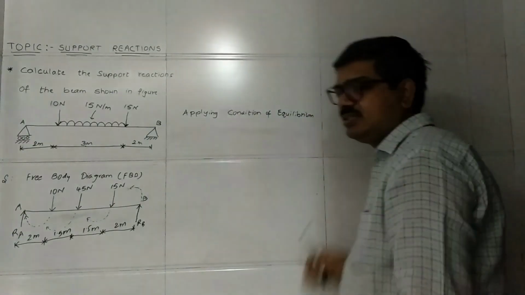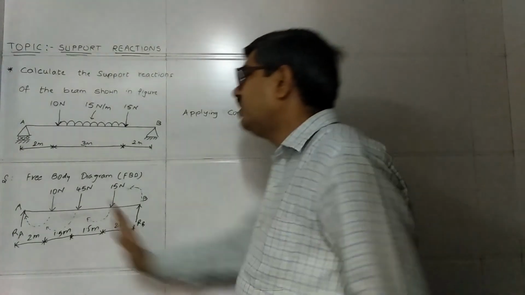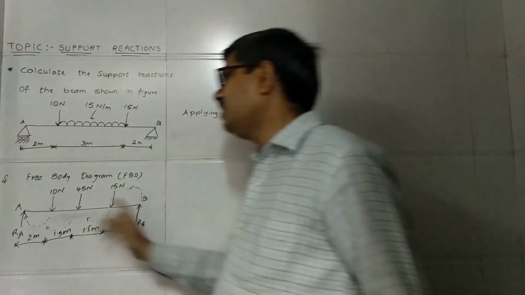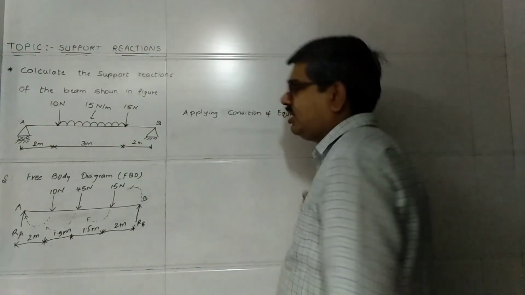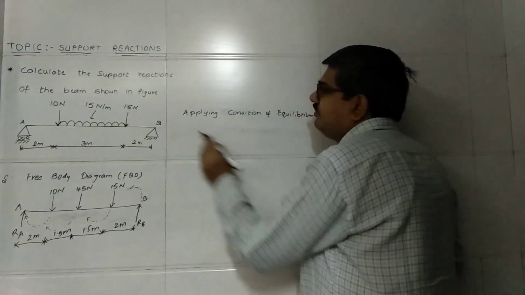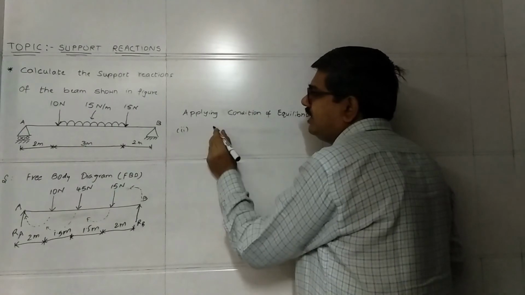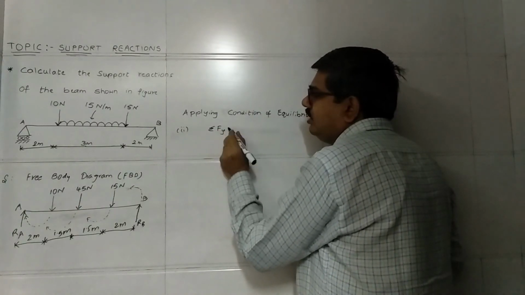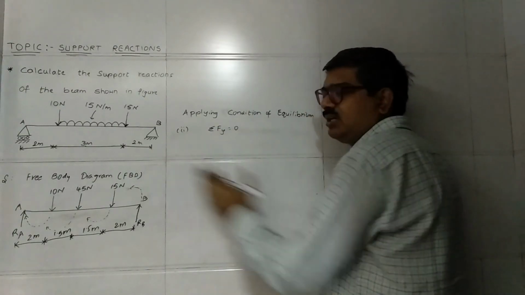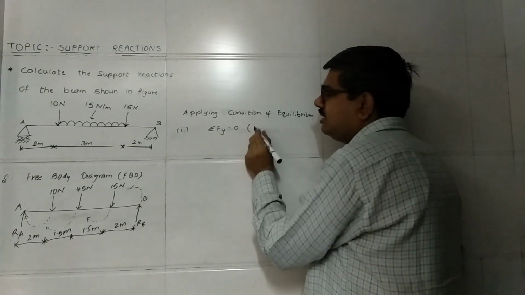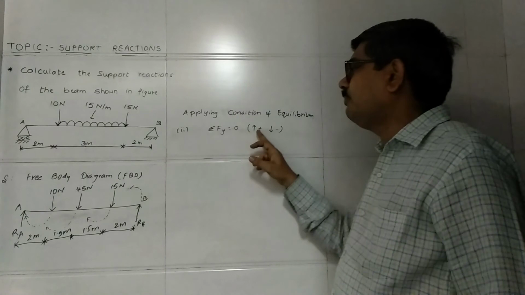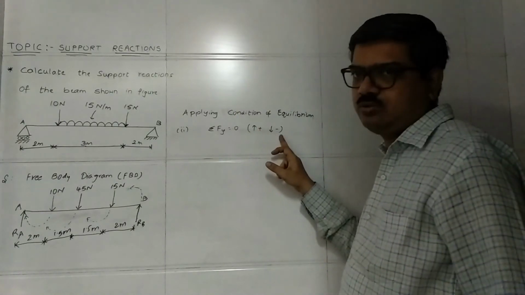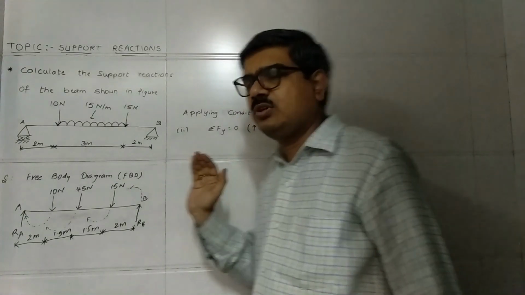Since the forces acting on the beam are vertical, acting in downward direction, and the reactions are also vertical, acting in upward direction, the second condition to apply is summation Fy. Since all the forces are vertical, we consider summation Fy. The sign convention is upward force positive, downward force negative. This is very simple to solve.